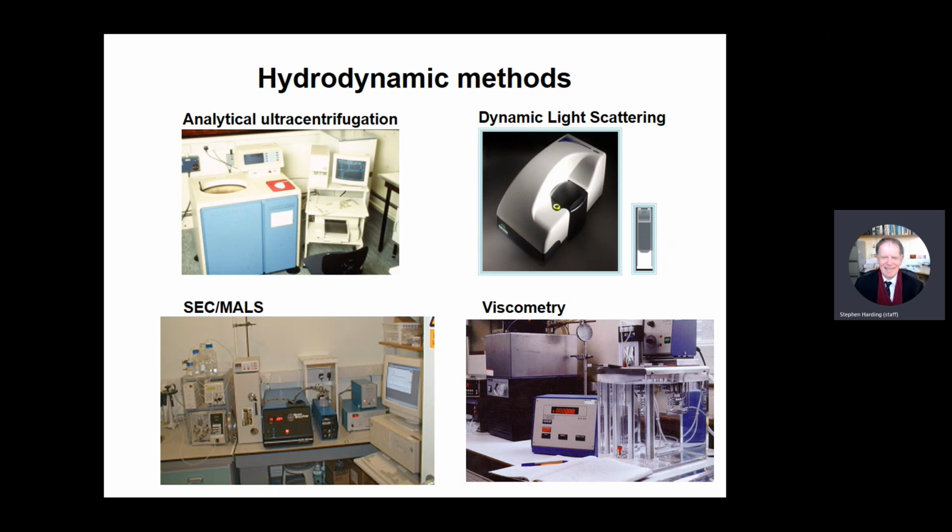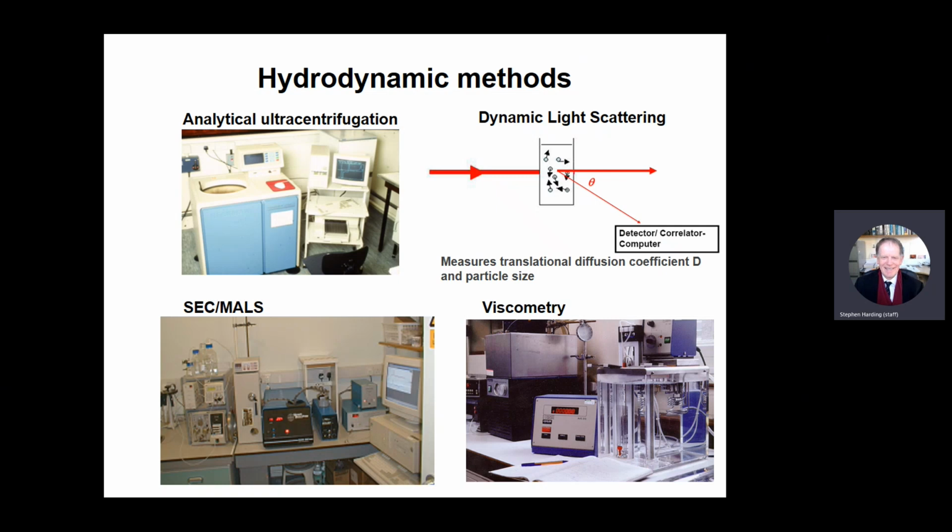But it's important that sample clarity is maintained, and this is the idea. You get a light beam impinging on your solution of molecules, which are moving around due to Brownian motion, thermal motion, at a rate depending on the size and the shape.